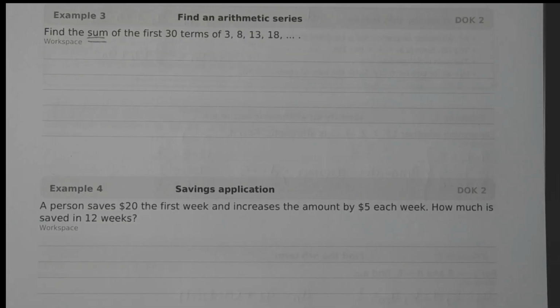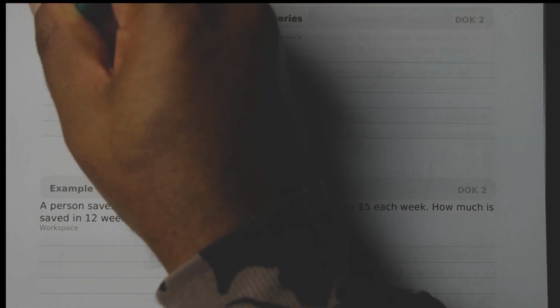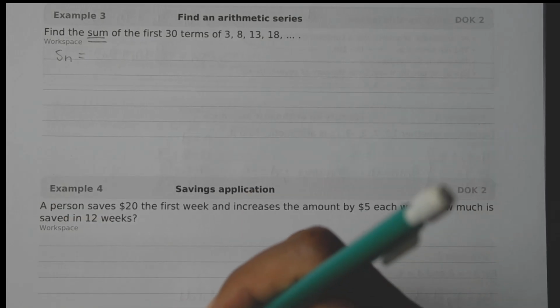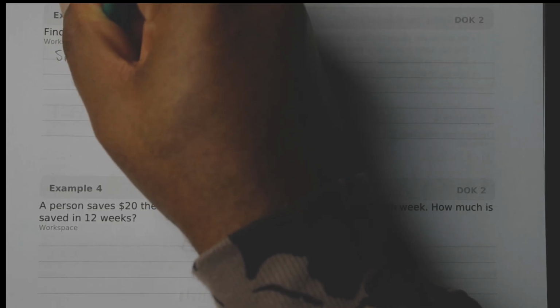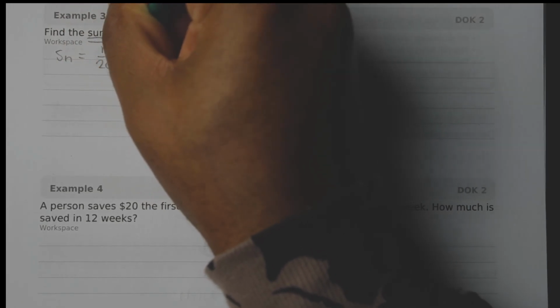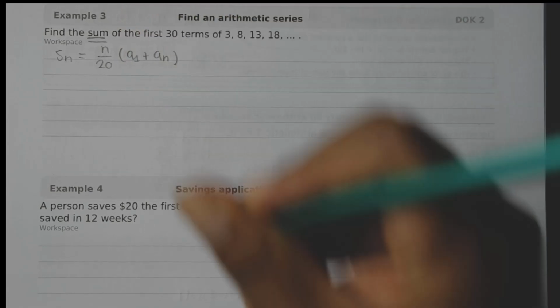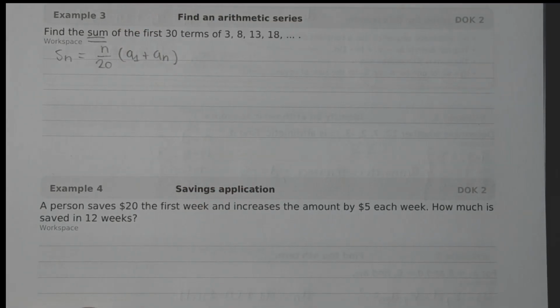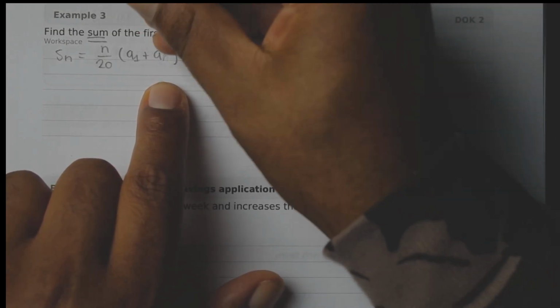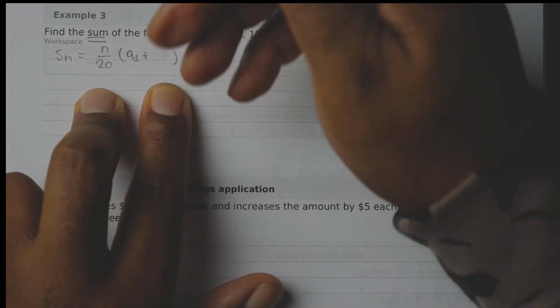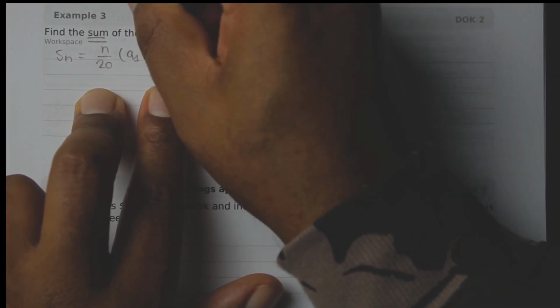That formula is as follows: S sub n equals n over 2 multiplied by a sub 1 plus a sub n.